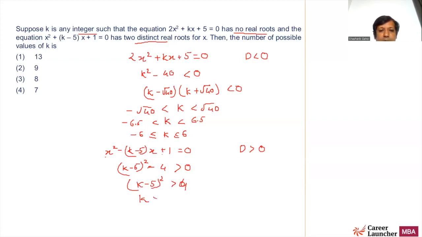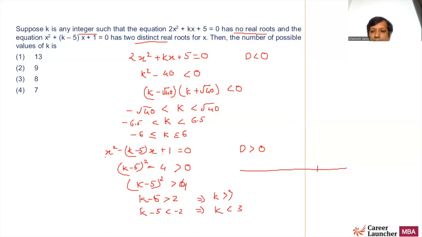So k minus 5 should be greater than 2, or k should be greater than 7. And second, k minus 5 should be less than minus 2. It means k should be less than 3. So I have two conditions: k is either greater than 7 or k is less than 3.